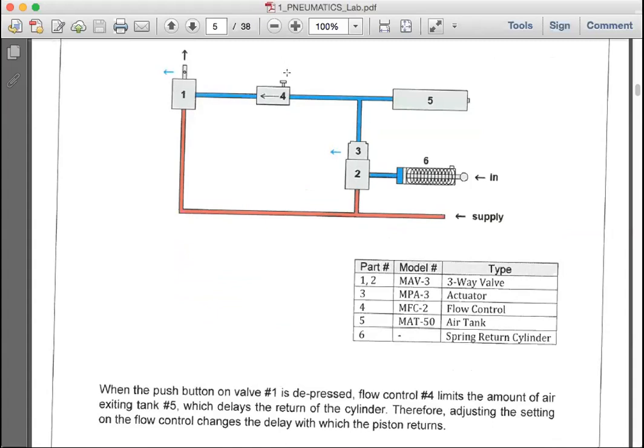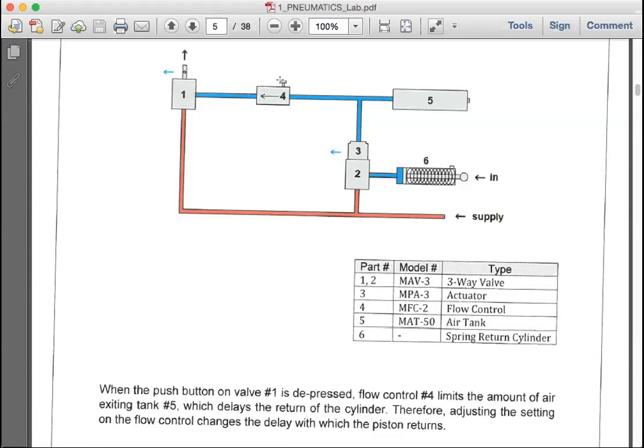Also, in order to increase the delay in return of the piston, as indicated in this analysis, adjusting the setting of the flow control changes the delay. So if you open the flow control, the delay could be shorter. If you make the flow control tighter, the knob on the flow control tighter, the delay would be longer.